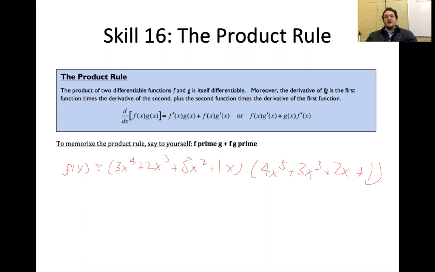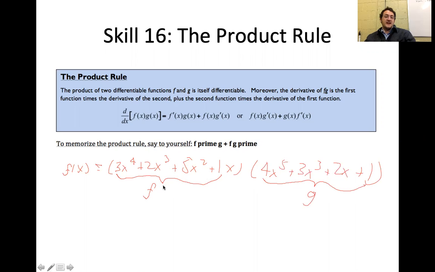So what you're going to do is divide it into an f and a g part. I would actually call this part your f part. In some calculus textbooks, they call it u and v instead. The main idea is that you're just dividing it into two parts.